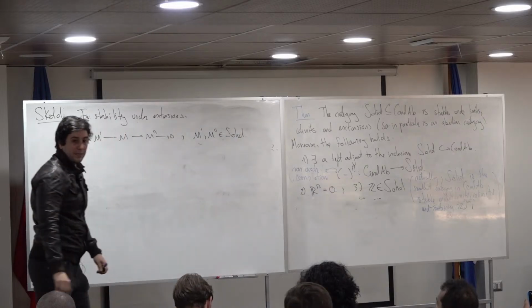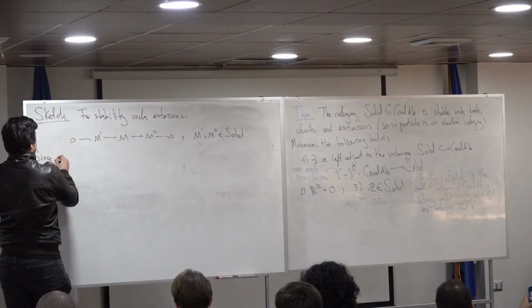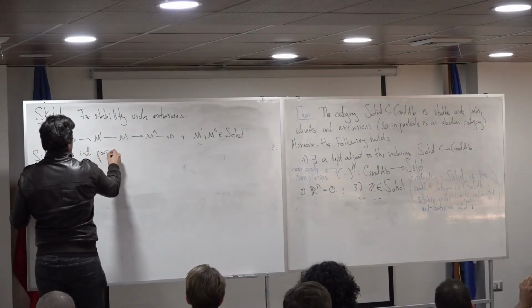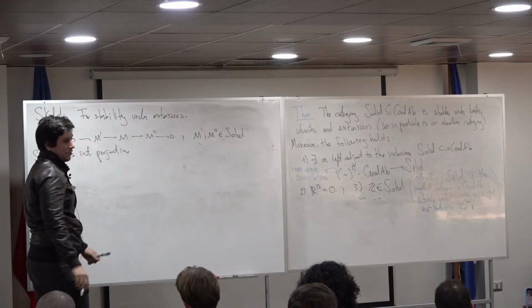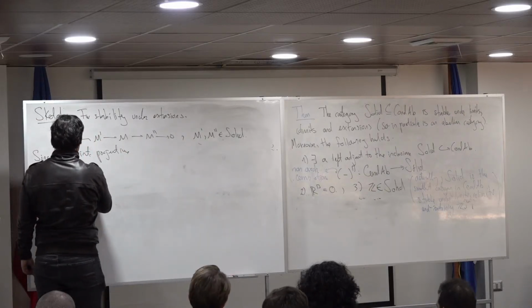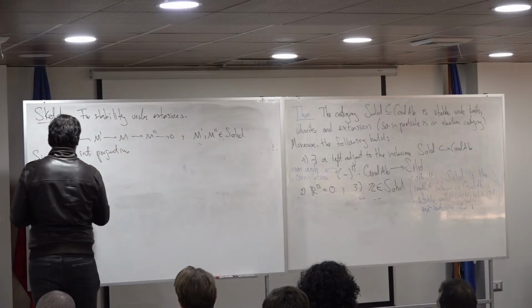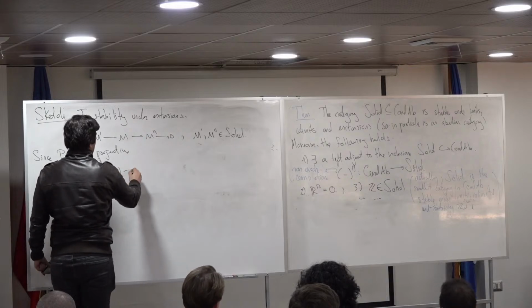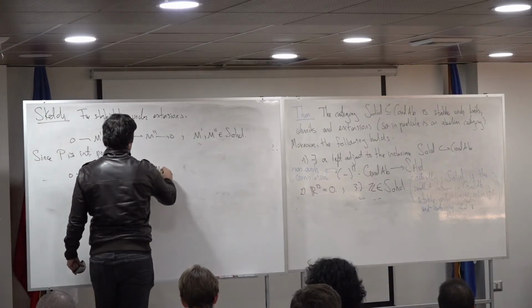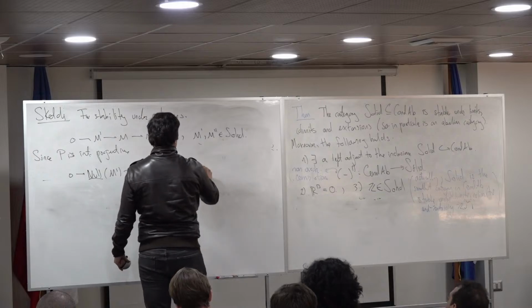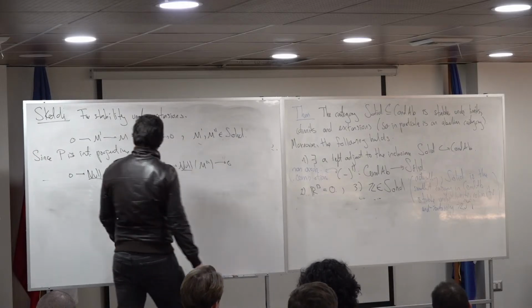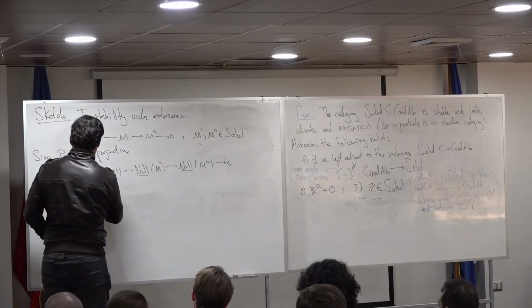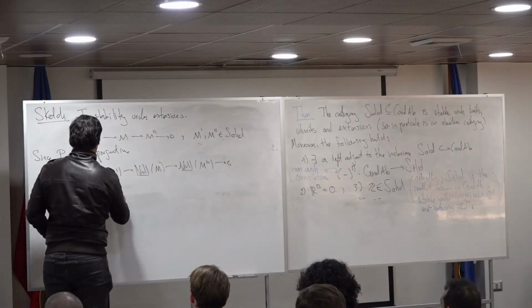But then, because P is internally projective, you also will have a short exact sequence in the null sequences. And then you're considering this map, which is 1 minus shift. That, of course, is functorial.